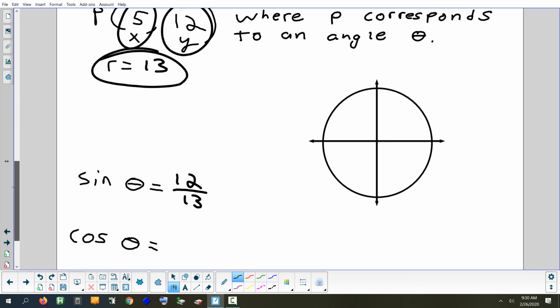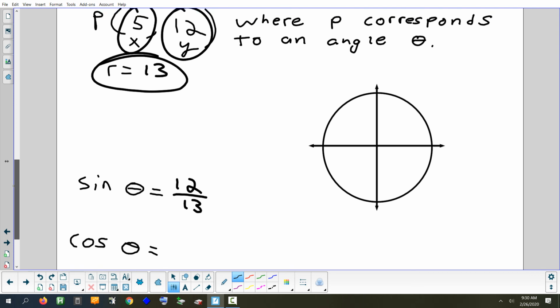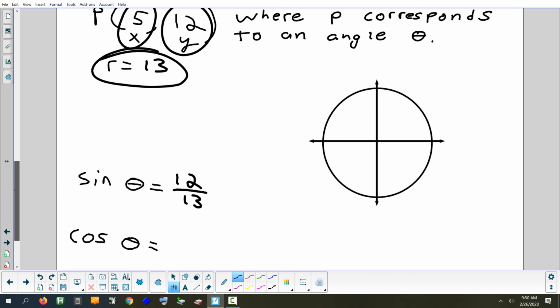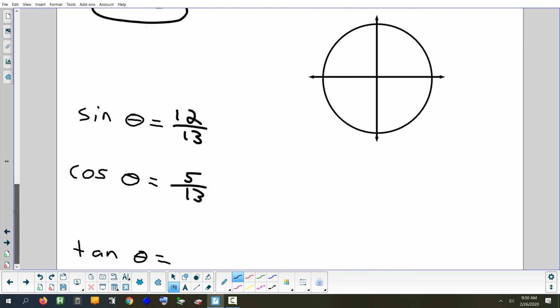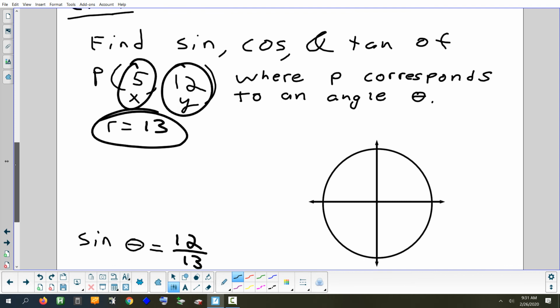What about cosine? Yep. If you put 5, that's on a circle that's 13 times too big. So we're going to scale it down. X over R. Okay? And the last one, tangent. R doesn't play a part in that. So tangent is just Y over X.